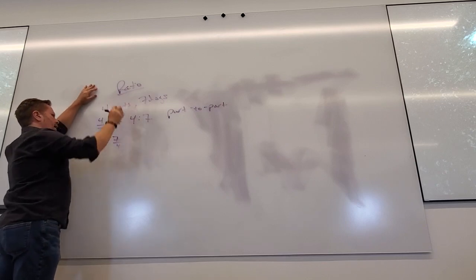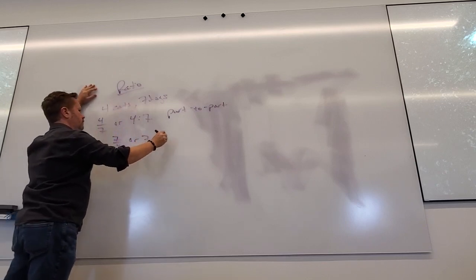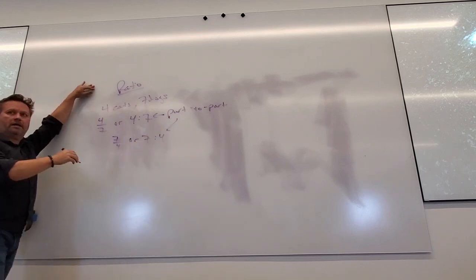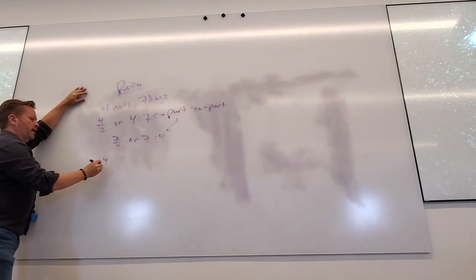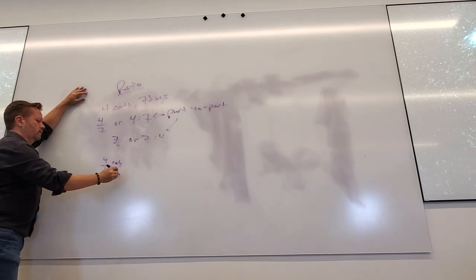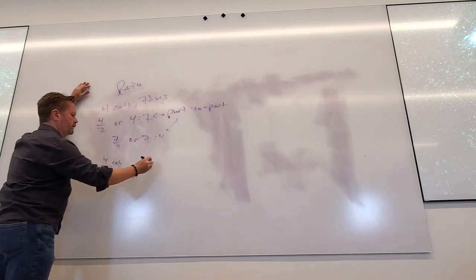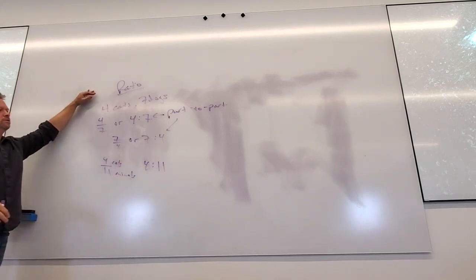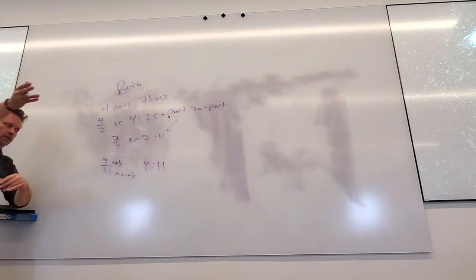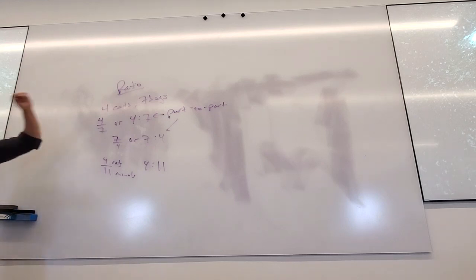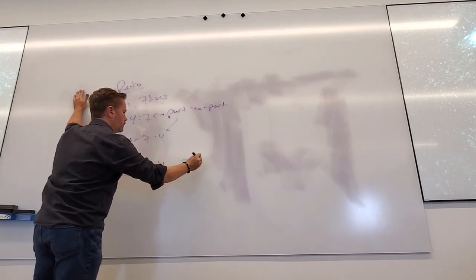So that's another part to part. Or I could do 4 cats to 11 animals, 4 to 11. Or I could do 7 dogs to 11. This would be what's called part to whole.